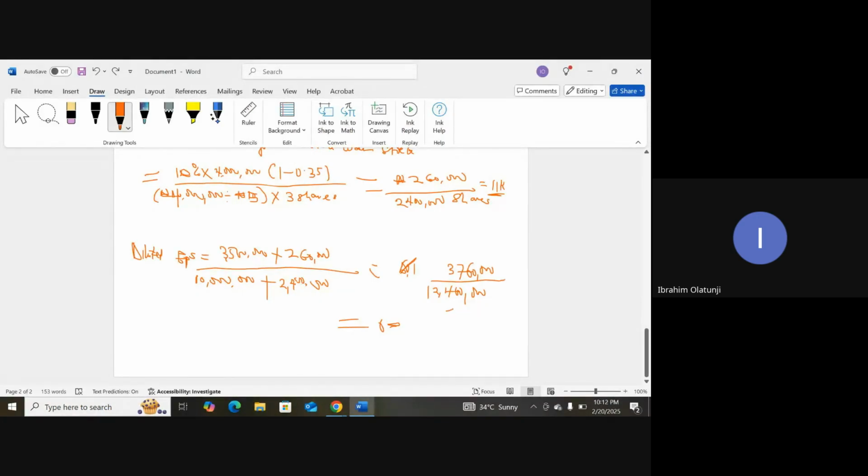That is 30 kobo. Hope it's cleared. Are we good to go? Yes.